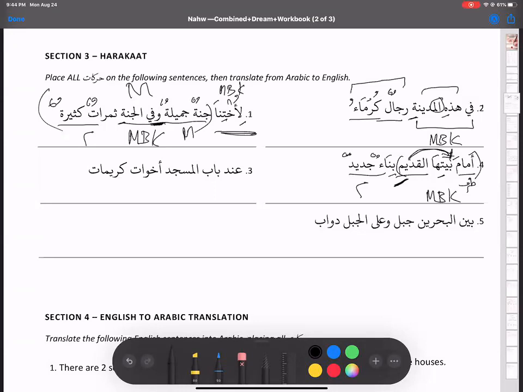So this is a kind of complicated sentence. The two mubtadas are connected to the beginning one mubtada. So Li Ukhtina is our MBK, Jannatun Jamilatun is our khabar.